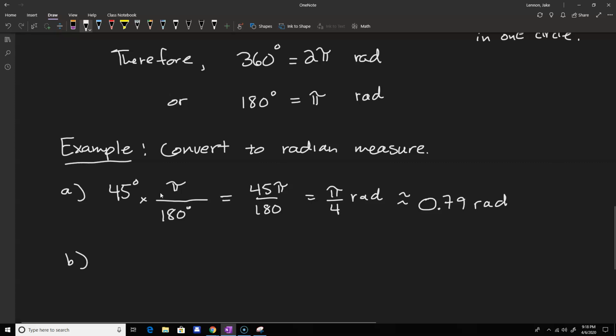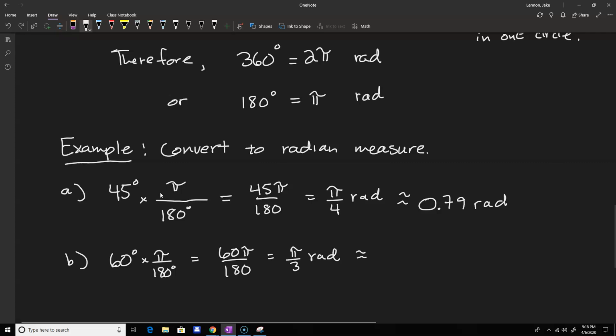Let's do one more. Let's say we want to convert 60 degrees. So again, you just multiply by pi over 180. And this would come out to 60 pi over 180, which would be pi over 3 radians.